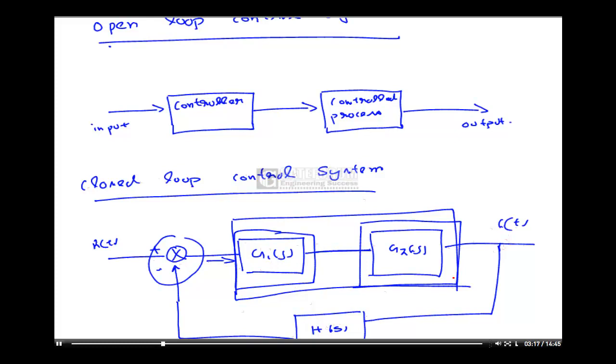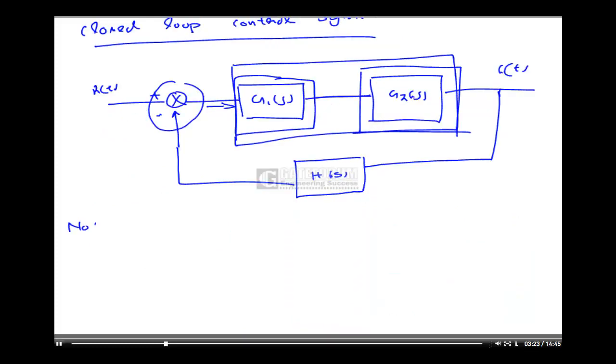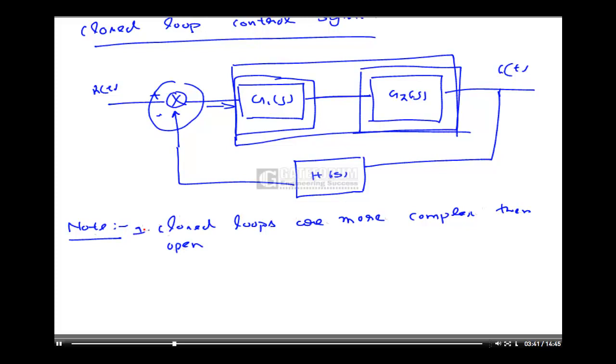So what are the differences between closed loop and open loop control systems? See, just write a note. Closed loop systems are more complex than open loop control systems.